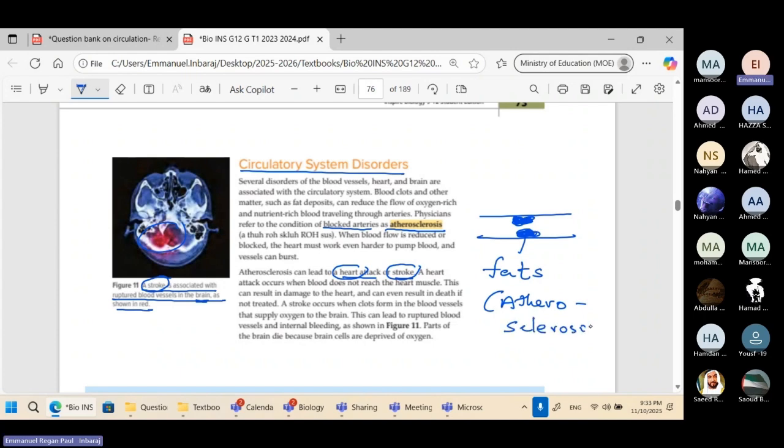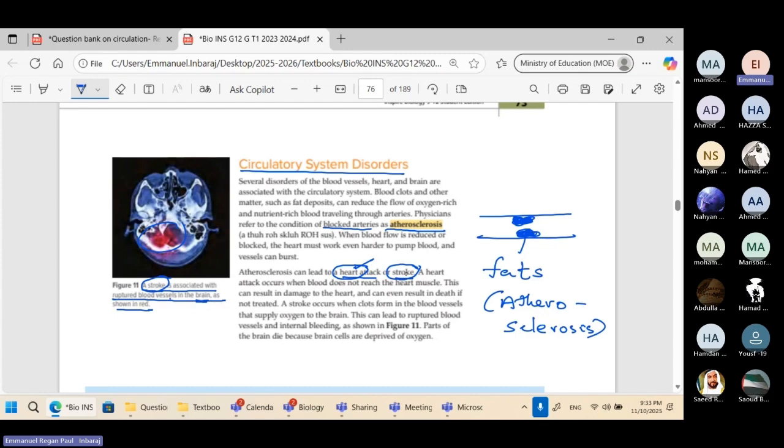Atherosclerosis. And there are two types of condition. If the blockage is taking place in the blood vessel going to the heart, then you call it heart attack. If the same condition is happening in the brain, then you call it stroke. Don't forget stroke.